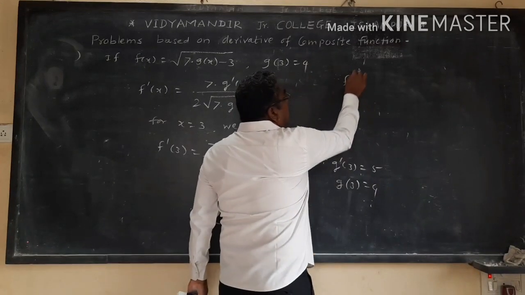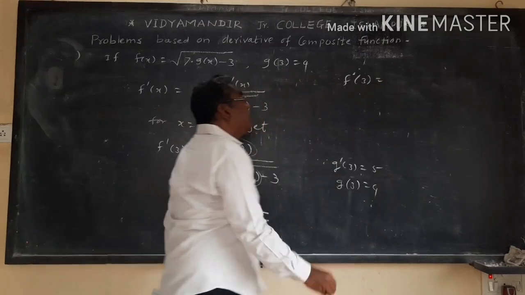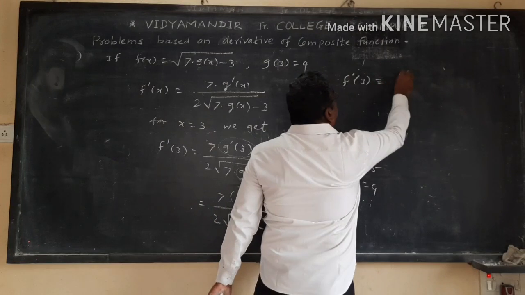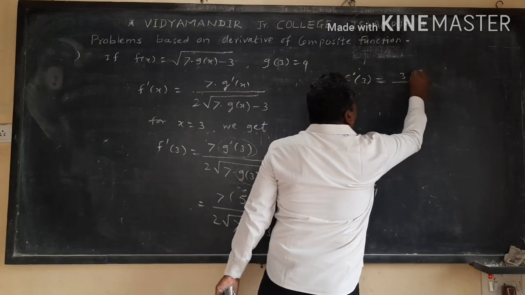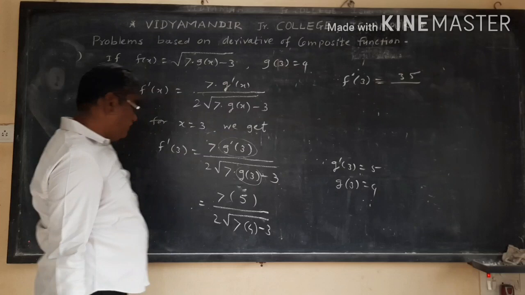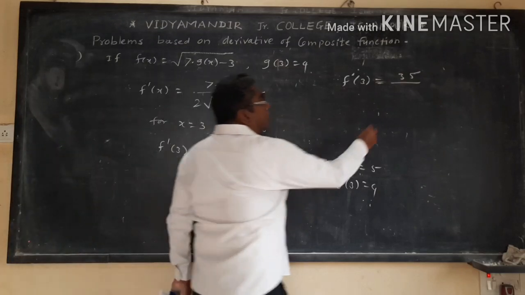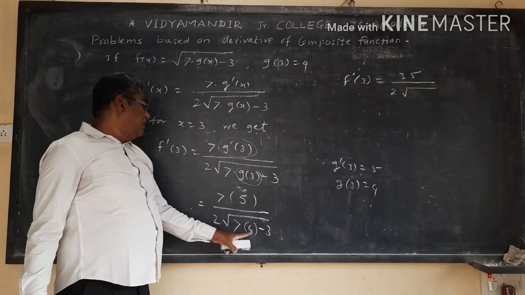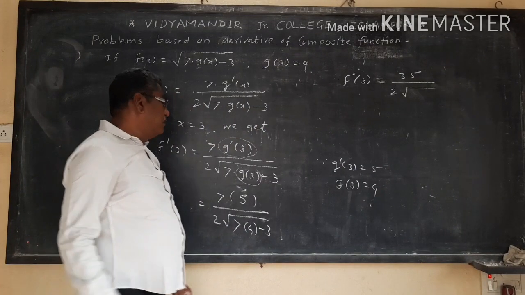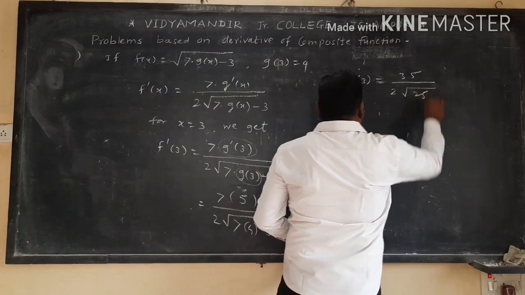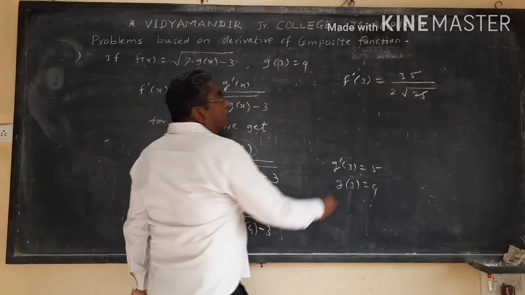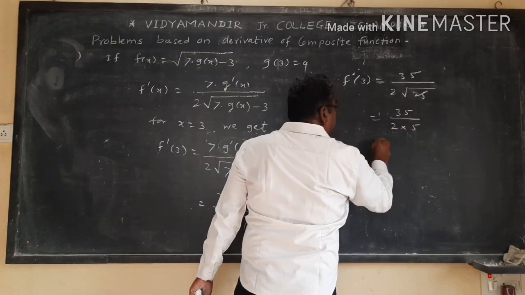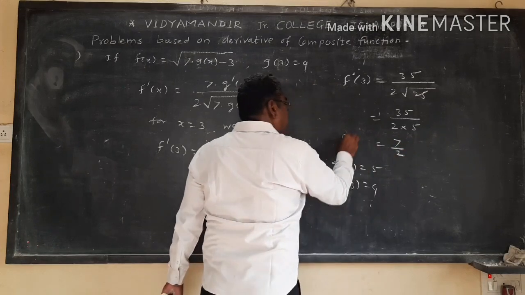Therefore, f dash of 3 is equal to 7 into 5, 35, divided by 2 into root of 7 into 4, 28, 28 minus 3, 25, root 25 is 5. So it is 35 upon 2 into 5, which is 7 by 2.